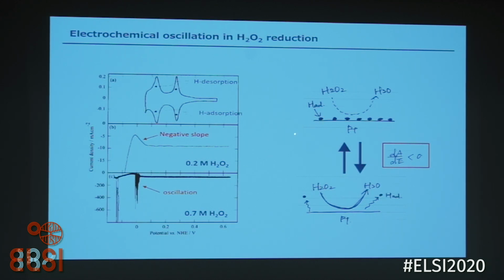And when the platinum surface is covered by hydrogen, the surface is passivated and the reduction current is stopped. This corresponds to case 2, dA over dE is negative. Because of these characteristics, a negative slope appears here, and when the parameters are tuned, oscillation appears.